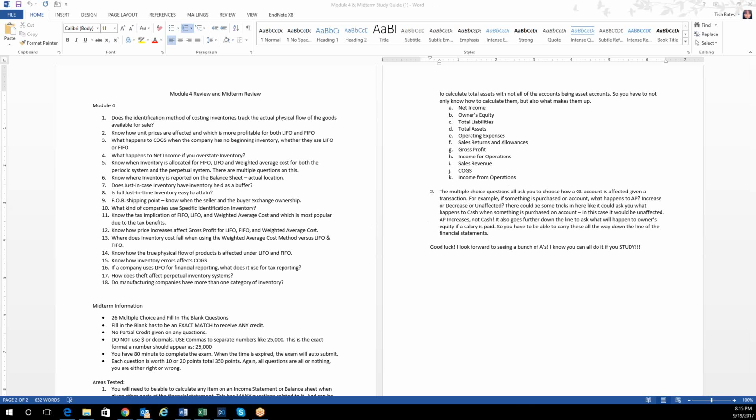So they owe you $10,000 in accounts receivable. When they pay for that, you make an entry to reduce your accounts receivable and increase your cash, as a company that's selling something.